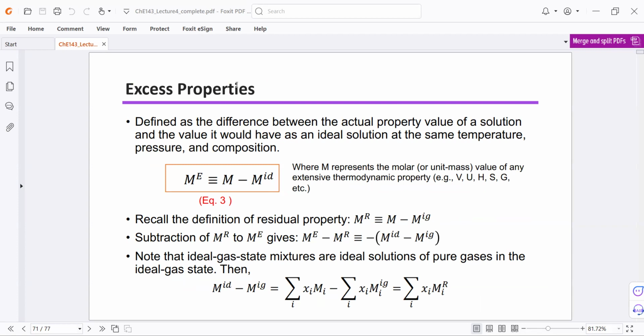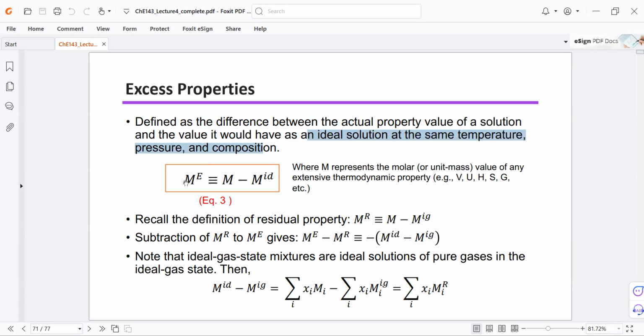In solutions, we have an analogous relationship between the actual property and the property of an ideal solution. And that is what we call the excess property. Formally, it's defined as the difference between the actual property and the value it would have as an ideal solution at the same temperature, pressure, and composition.